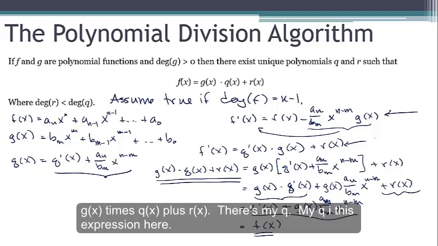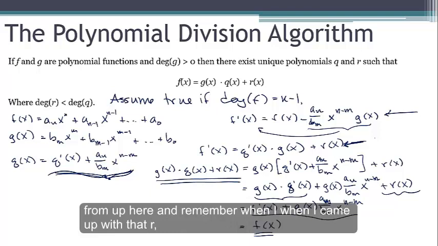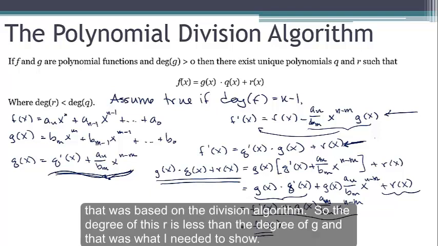There's my q. My q is this expression here. R is the original remainder from up here. And remember, when I came up with that r, that was based on the division algorithm. So the degree of this r is less than the degree of g. And that was what I needed to show.